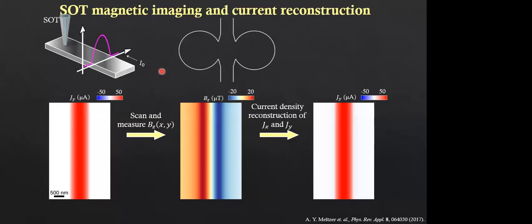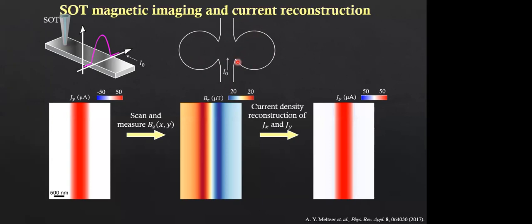Okay, so now we shift our interest to a geometry which looks like this one in the middle. There's a narrow channel, and the narrow channel is connected to two large chambers.